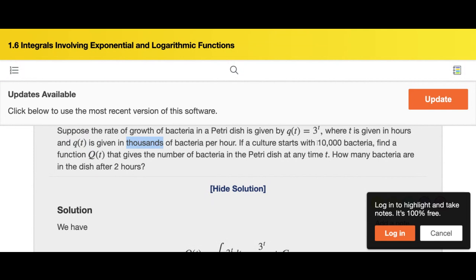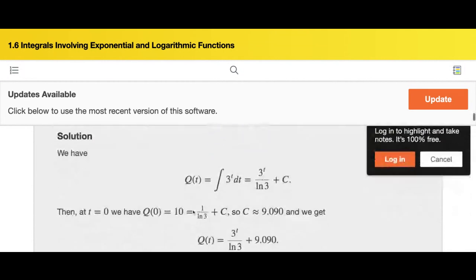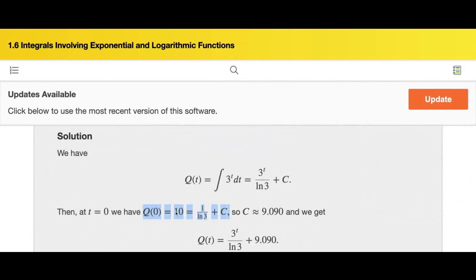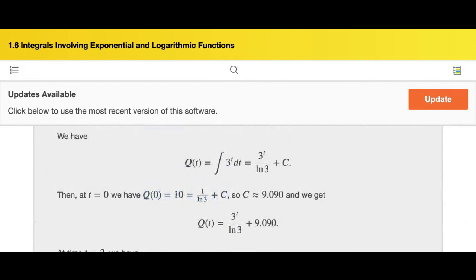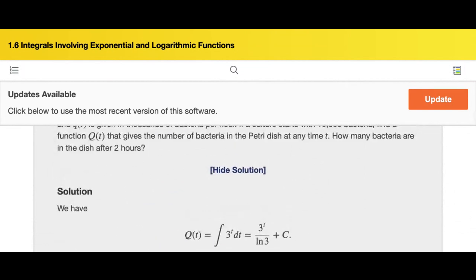Here we're given that at time 0, we have 10,000 bacteria. That's where this 10 comes from. So this 10 means 10,000. Does that make sense? Okay, all right, good.